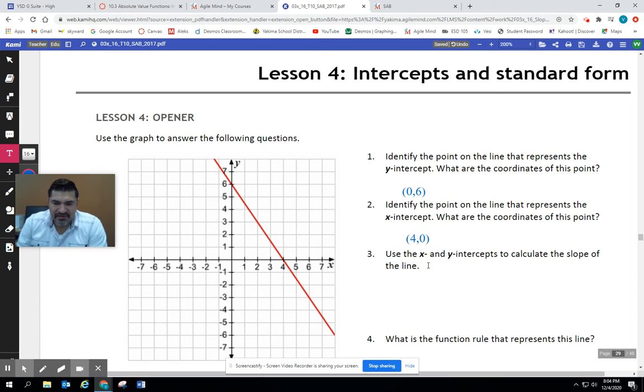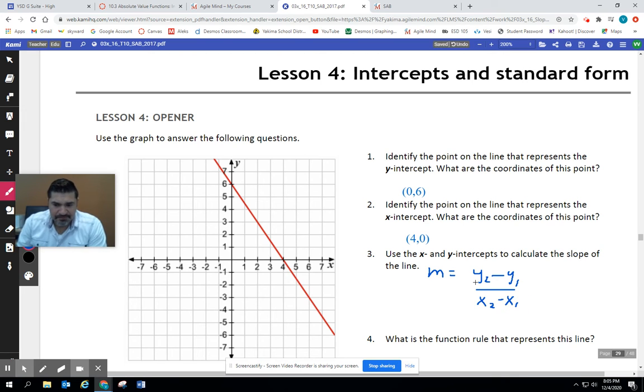Number 3 says, use the x and y intercepts to calculate the slope of the line. Okay, so our slope, here's our equation here, m equals y2 minus y1 over x2 minus x1.